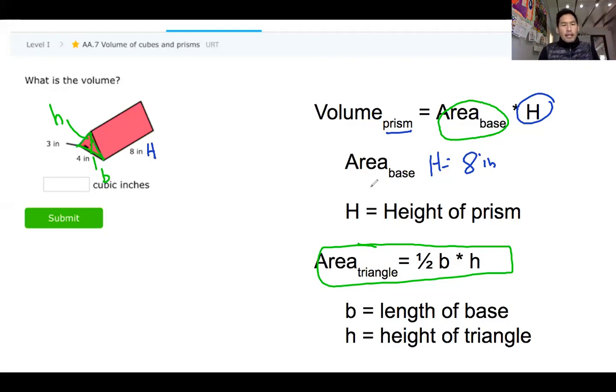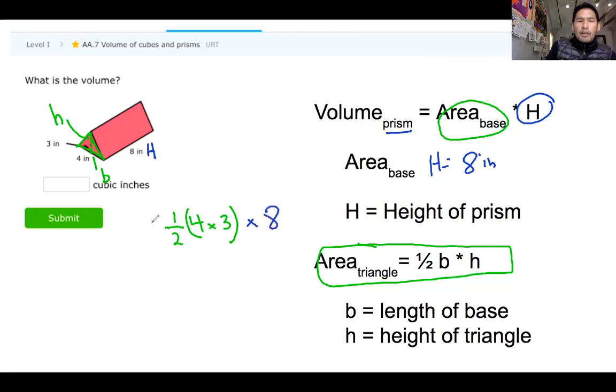So we've got everything we need. Now it's just a matter of calculating this. So let's start with the area of the triangle. It's 1/2 little b, which is 4, times little h, which is 3. And that gets you the area of your triangle. And then we're going to multiply that by big H, which we know is 8.